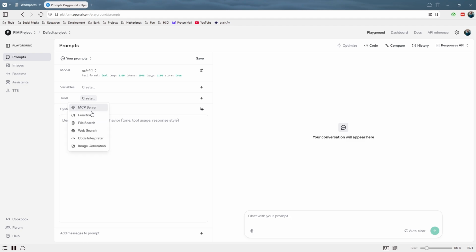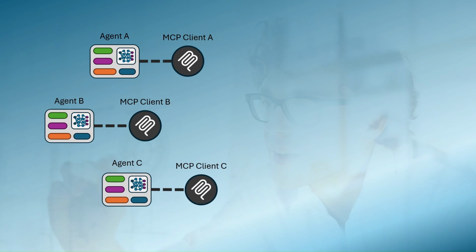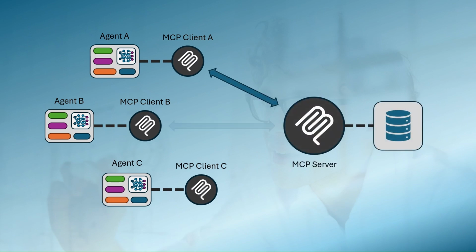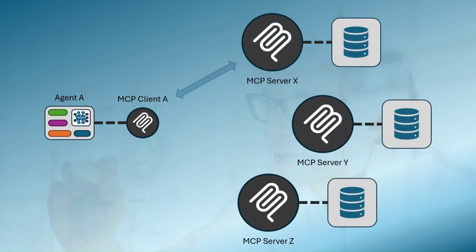And that is the beauty of the protocol, because you can have completely different AI models, assistants, or agents working in completely different ways, but because they follow the protocol, the way they connect to an MCP server is always the same. So it will work. And on the other hand, you can have one agent connecting to a large set of MCP servers, and it will always be the same.